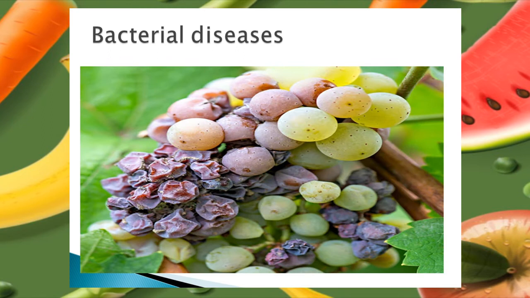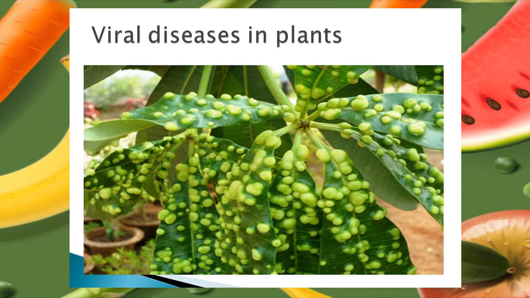Then bacterial diseases. Here you can see the condition of grapes due to bacterial diseases. Then viral diseases in plants. They also affect the quality of leaves, stem, fruits, etc., reducing the yield of the crops.